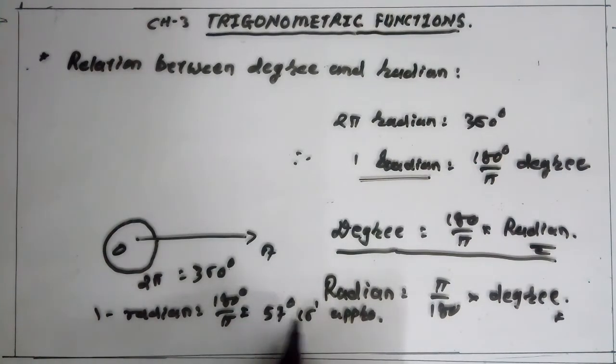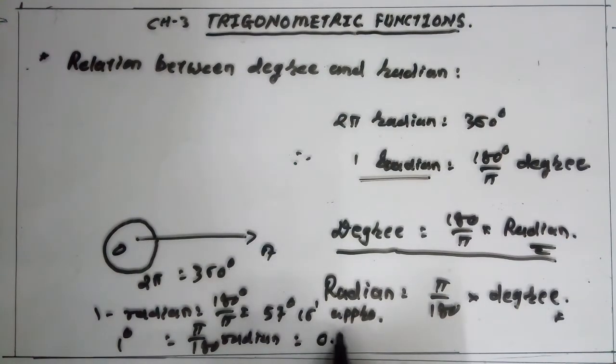So 57 degrees and 16 minutes is equal to 1 radian, and 1 degree is equal to pi upon 180 radian, which is equal to 0.01746 radian. Clear this? And that is the radian measure.